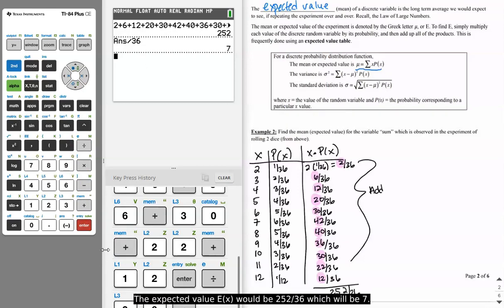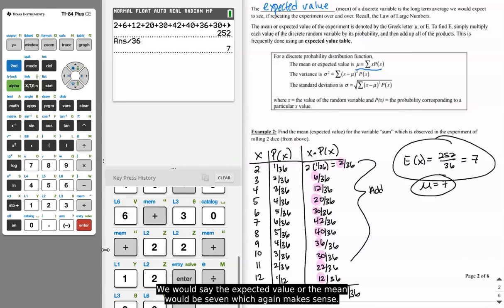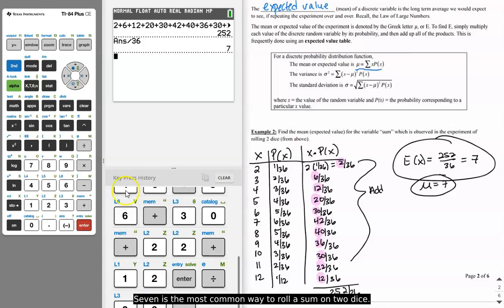The expected value, E of x, would be 252 over 36, which would be 7. And again, this is also equivalent to the mean of the distribution. So we would say the expected value, or the mean, would be 7, which again makes sense, because 7 is the most common way to roll a sum on 2 dice.